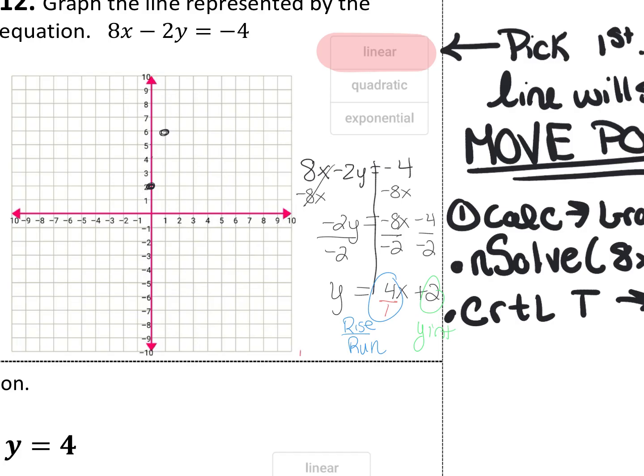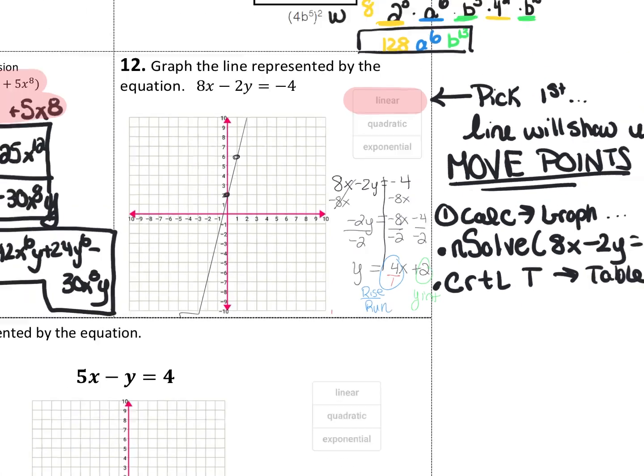In Eduphoria, you won't have to grab a ruler because it will draw this line for you. But you'll have to put 2 dots down. And there's your line.